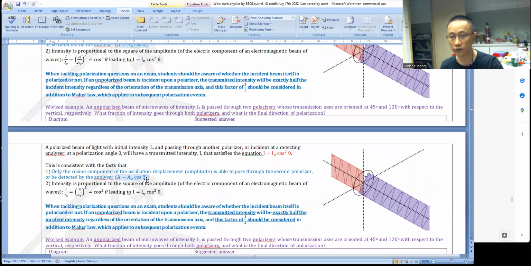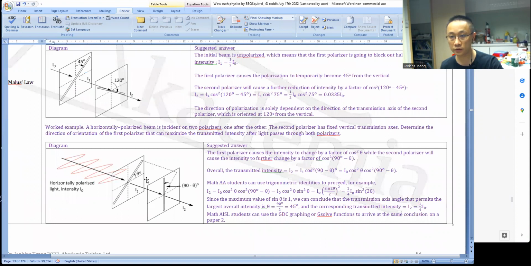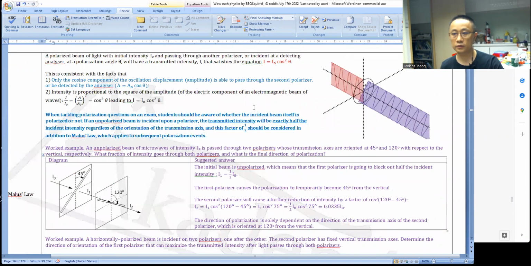This question, I think, is supposed to be a trap question. Because if the initial beam of light is unpolarized, the transmitted intensity will be exactly half the intensity regardless of the orientation of the transmission axis. The cosine graphs will apply only when you begin with a beam of light that is already polarized. So there will be some questions which involve an unpolarized beam incident on a polarizer and then an analyzer.